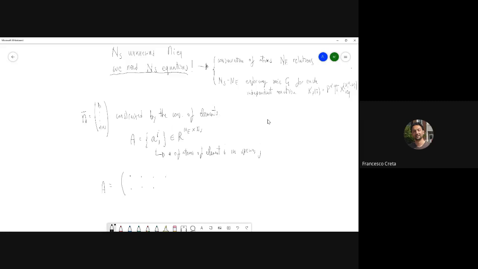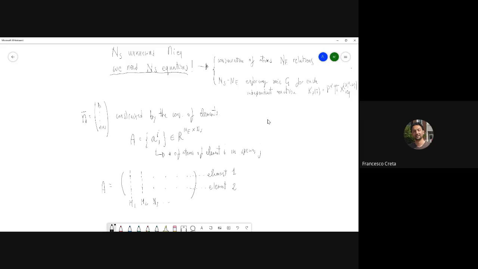So A, to remind yourself, will be essentially a matrix which is wider than it is, generally speaking, tall, okay, where each row represents an element, so a kind of atom, for example, element 1 or element 2, and each column represents the species. So M1, M2, M3, and so on, okay?